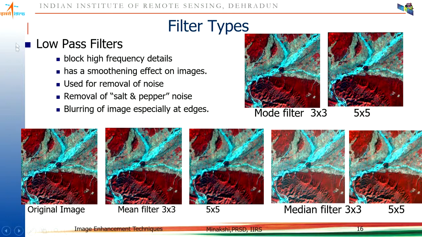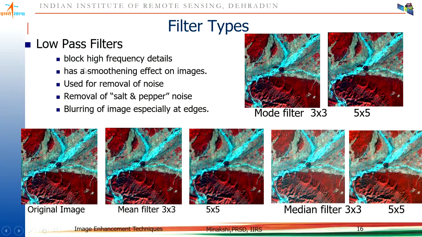So this is the vice versa, that is low pass filtering, where I am blocking all the high frequencies. Now high frequencies mean dramatic changes, right, occurring at the borders. So low pass filtering will block all the high frequencies and allow only smoother details to pass through it.